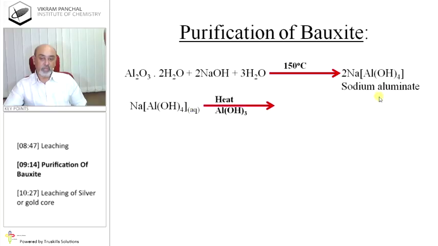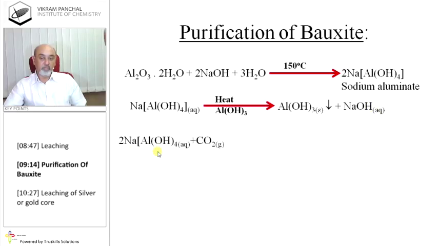So this is separated and then it is heated with aluminum hydroxide. Sodium aluminate is heated with aluminum hydroxide and we will get aluminum hydroxide. Sodium hydroxide remains in the solution.